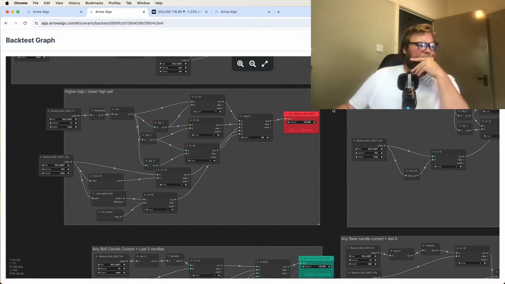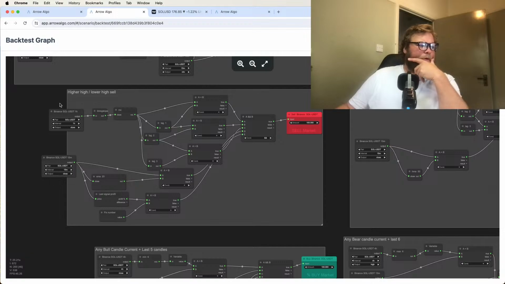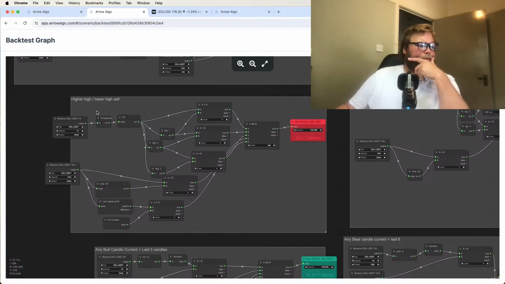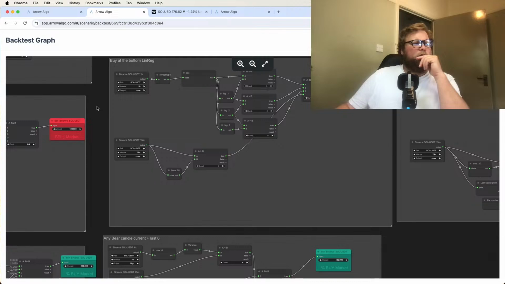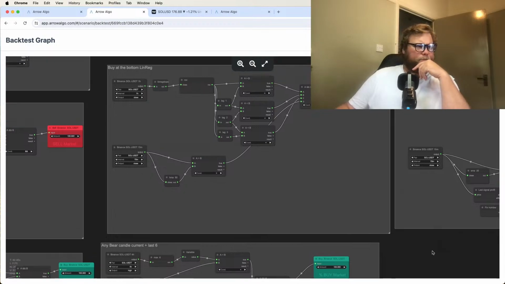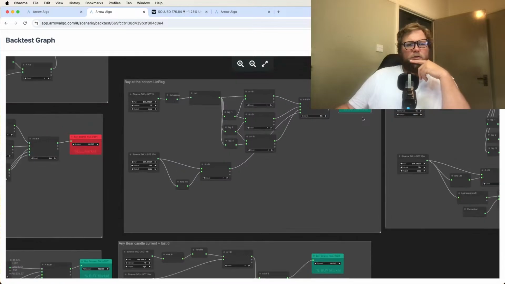We changed some of our sell signals to build in linear regression slope and the rate of change of the linear regression slope. And then we also tried to build in another buy signal to try and catch the bottom of the downswing as it comes back up again, again using linear regression slope.